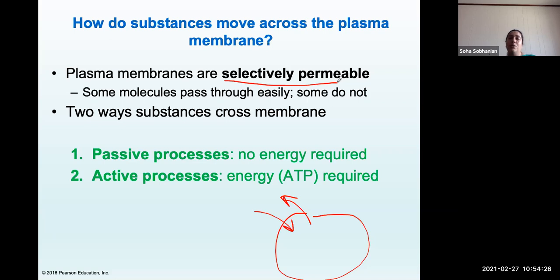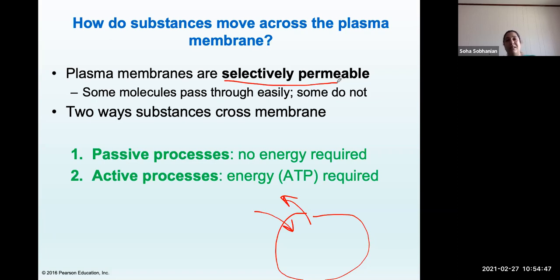So do I need to provide it some sort of energy, including the most common type of energy, which is your ATP? If the answer is yes, it's referred to as an active process, as in I need to actively put energy into the process.